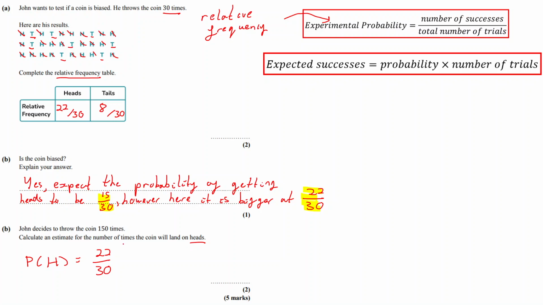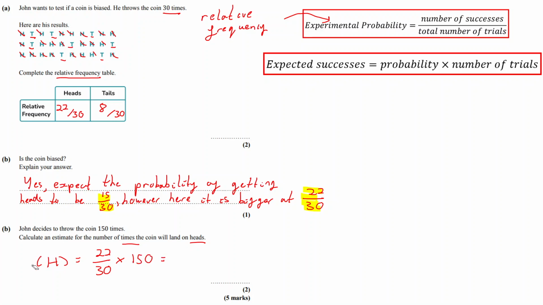We want to find the expected number of successes. So how many times you expect it to happen? That's going to be the probability, 22 out of 30, times your number of trials, which is 150. And then put that into your calculator.